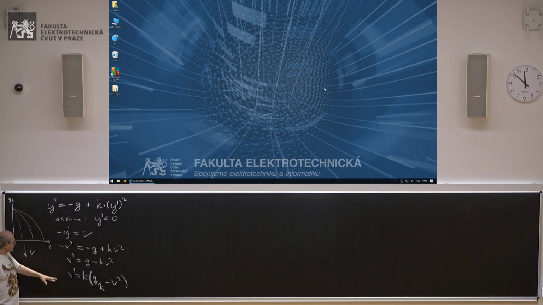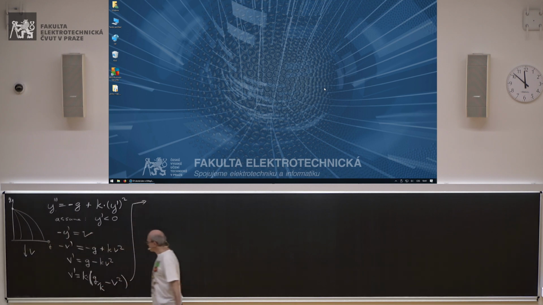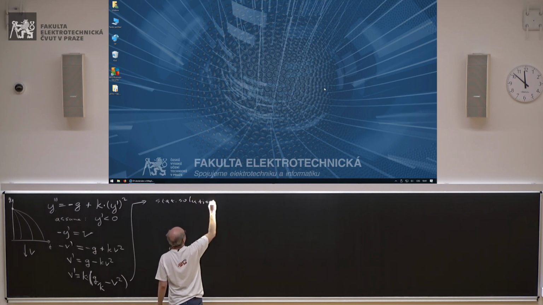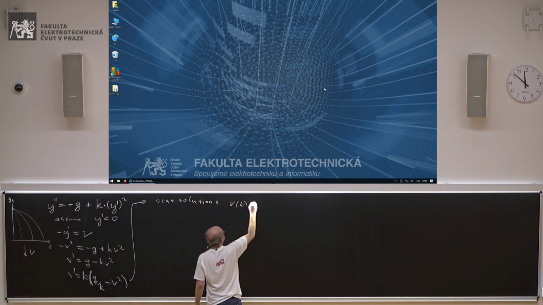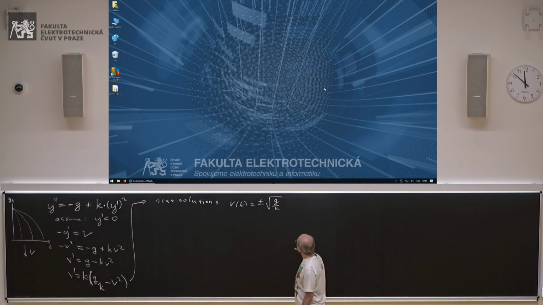And now I look at it and I say, okay, that looks like a nice separable equation. Let's play. Okay, first I noticed that I can make the right-hand side 0 by a smart choice of v. So there are some stationary solutions: v(t) is equal to plus or minus square root of g over k, t greater than or equal to 0. Very nice.